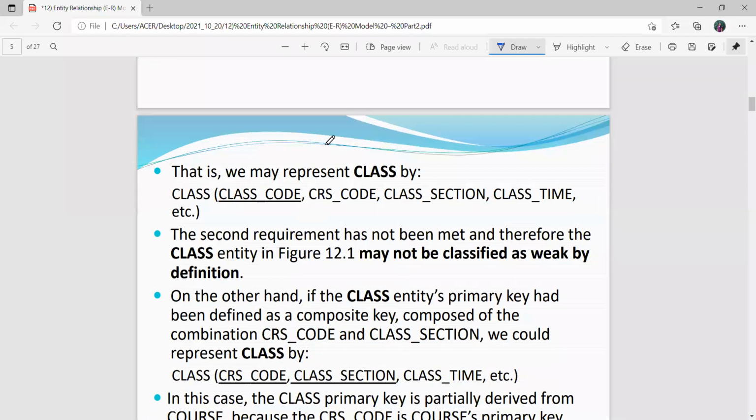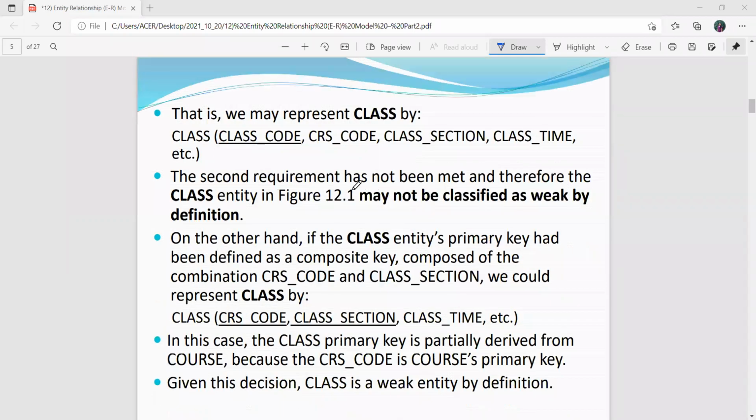So this class totally depends on the course entity. So class can be taken as a weak entity. So when we consider this class, we can use the primary key of the course entity and one of the attributes from the class entity to create a composite primary key.